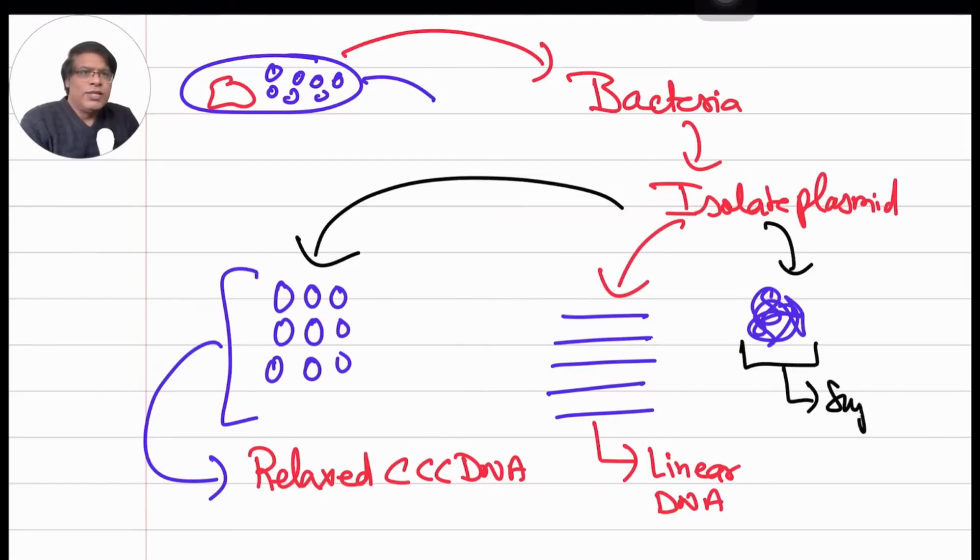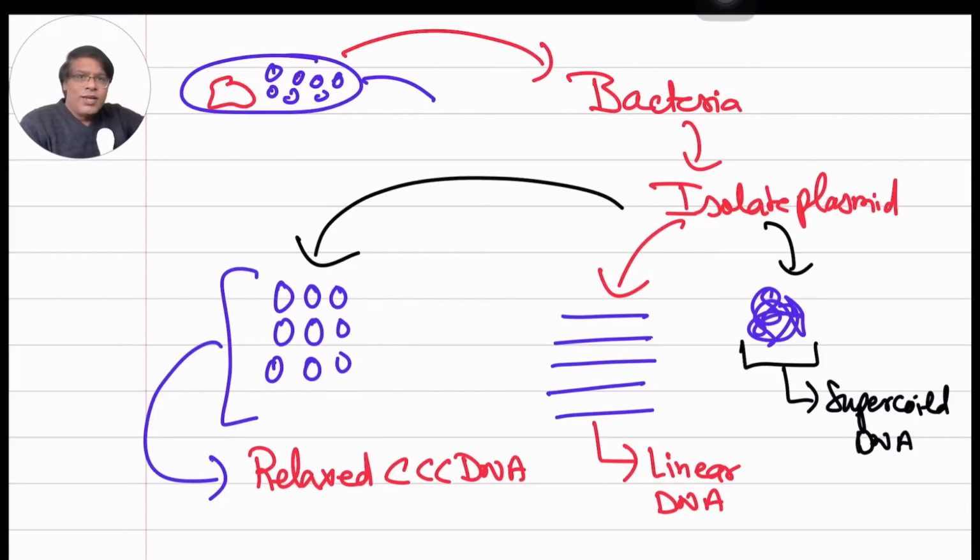Next, within the bacterial cell, this DNA is packed in such a way that the DNA coils make supercoils. So always remember, the coiling of a coil is known as supercoil. DNA has two strands, and both strands are intertwined with each other.